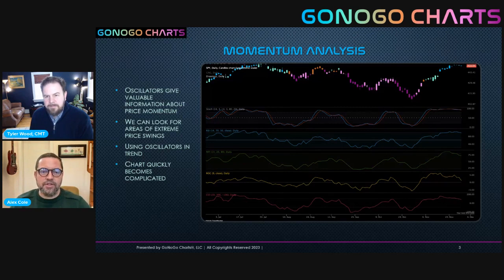And then that allows us to look for extreme swings. We can look for areas of overbought and oversold. And we can also use oscillators in trend, which is a very important topic that we'll talk about later on. And of course, we're going to hit on the concept of divergence or confirmation. We want to look at these momentum tools and see if they confirm what we're seeing in price.